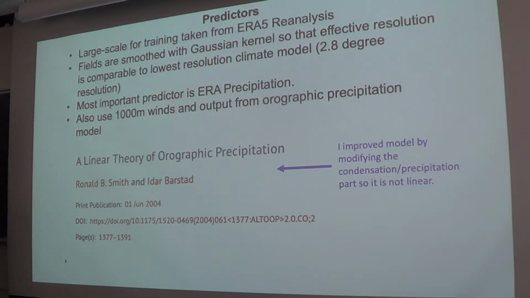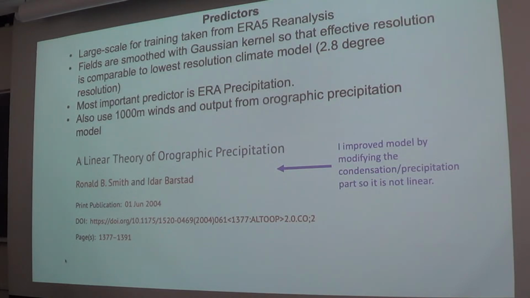And then the most important predictor is precipitation. Sometimes people are surprised, since precipitation in the reanalysis is really bad. And yes, it's bad, but it's still the best thing, apparently. That's the main thing. You really need that to help improve scale.